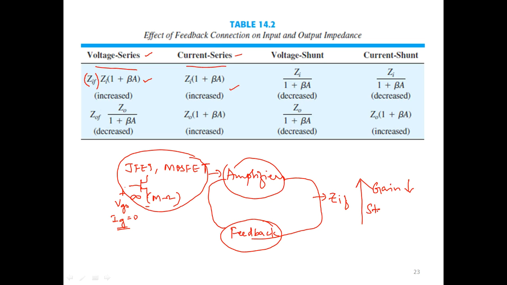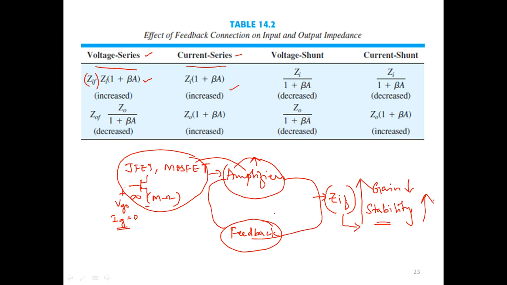However, the stability, which is a much more important parameter, increases. Now you may ask, sir, how does the stability increase? Higher the input impedance, much better control will be at the gate side, especially within the amplifier. That naturally improves the stability of the overall network. These are all linked parameters. We talk about a JFET or a MOSFET, which is the core device, and an amplifier consists of a JFET, and amplifier plus a feedback will be the complete block diagram.